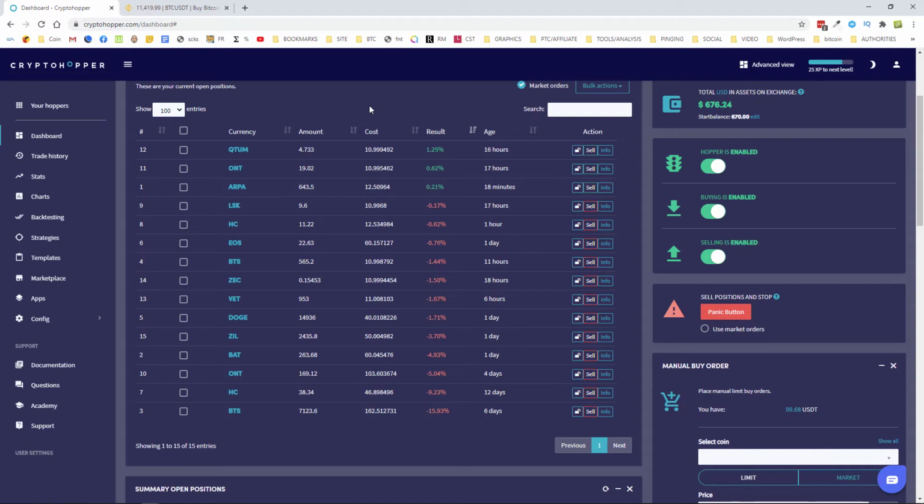So what happens is the robot receives signals from somebody who is very good at chart analysis. There's a team of people, and they send signals to you after you've subscribed to them. And that is what you pay your $10 for per month. Okay, so well worth it. And the robot itself costs $49 a month.